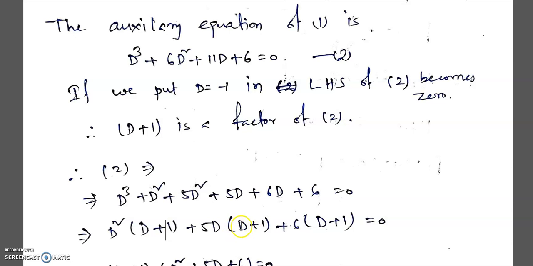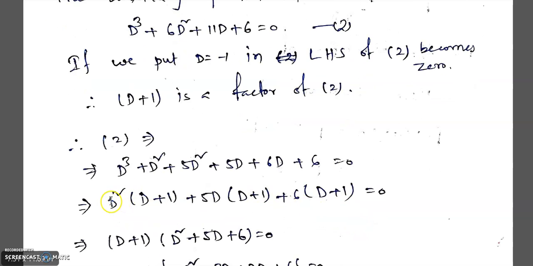You need to multiply by 5D to get 5D^2 plus 5D. Now here is 11D, so I need another 6D to get 11D. So what to multiply to get 6D? Multiply by 6, so 6D plus 6.